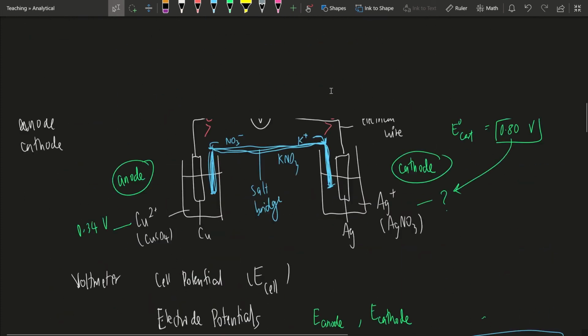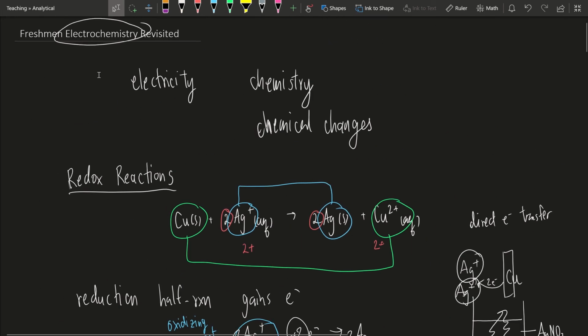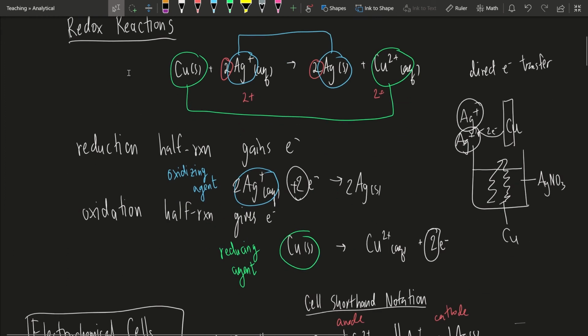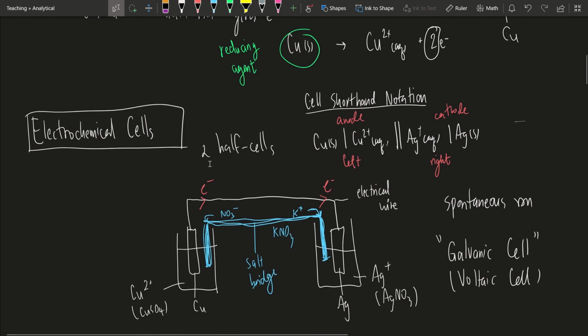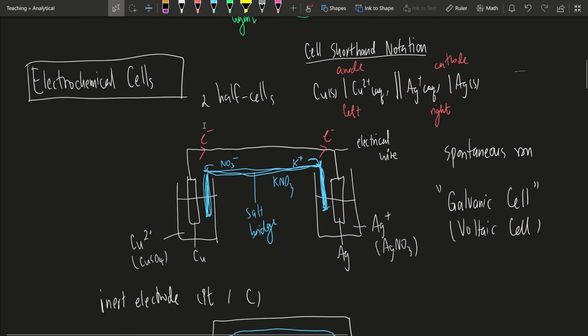So to review, we already talked about the definition of redox reaction, that it has the reduction and oxidation, and how to call them the oxidizing agent and reducing agent. And there are 2 ways to have the redox reaction occur. Maybe the direct electron transfer, and maybe undergoing the electrochemical cells.